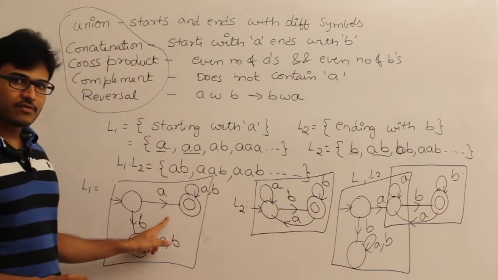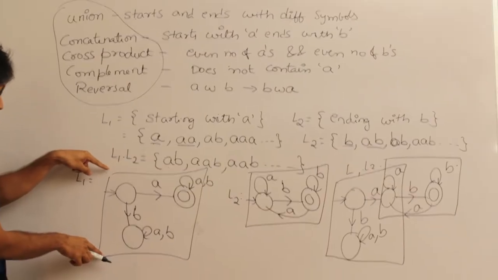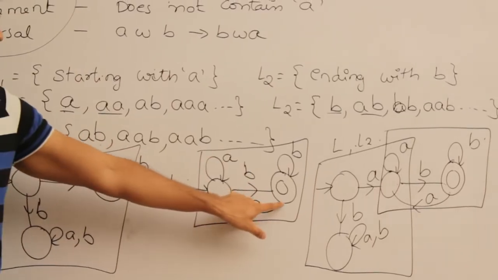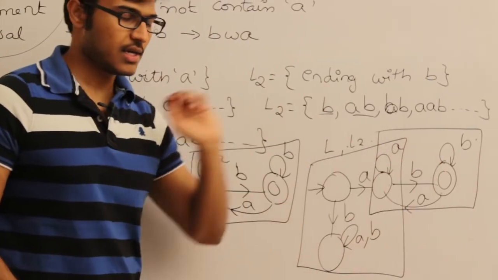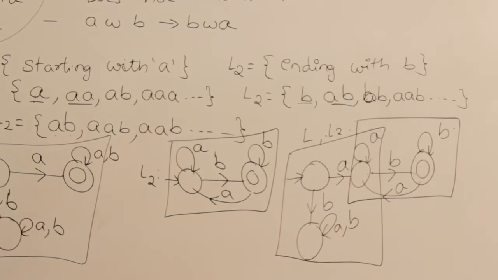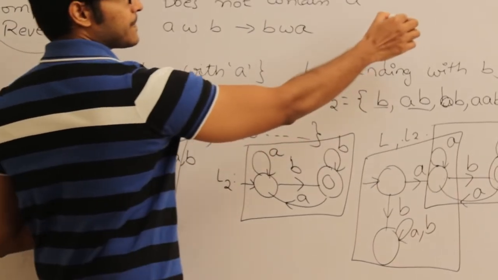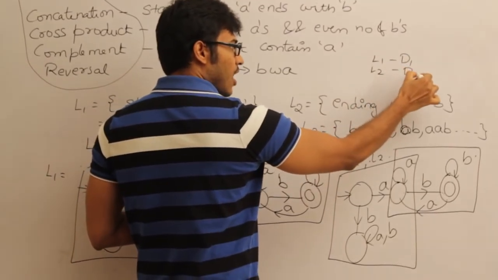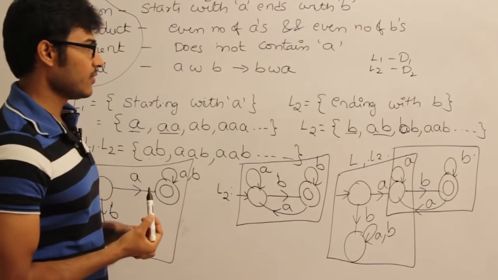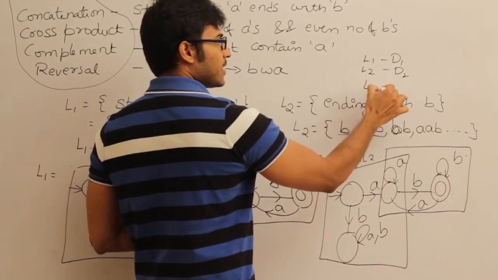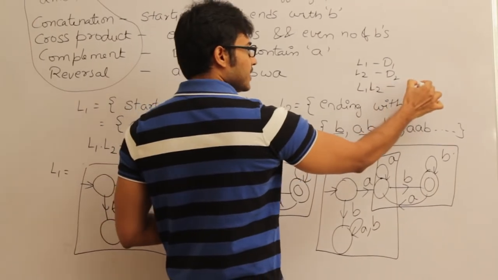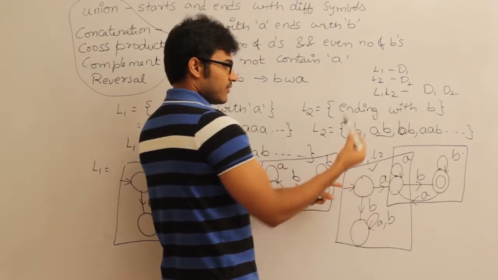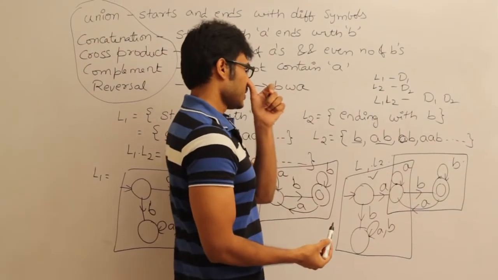This entire part of the DFA has been shown in this picture, and this entire part has been shown in this part. Which means if I have two languages L1 and L2, and D1 and D2 are the automata which represent L1 and L2, then in order to concatenate L1 and L2, I have to simply take D1 and concatenate it with D2. I have to simply take the DFA for the first language and concatenate it with the DFA for the second language.